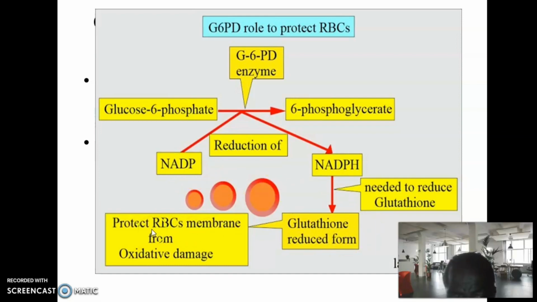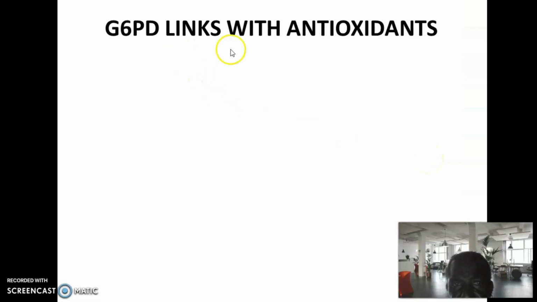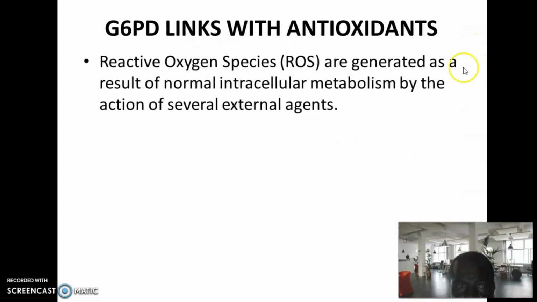It is the disulfide glutathione that is really needed to now produce the reduced NADPH. This is also shown here. You can see the reduction of the NADP by hydrogen addition, and the same thing being explained. The oxidant effects damage the red blood cell membrane. Hemoglobin changes into antibodies and impairs synthesis of glutathione, which is necessary for regeneration.